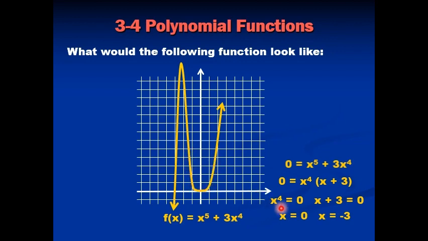So if we have a multiplicity of 2, or in this case a multiplicity of 4, the graph is going to come down, touch the x-axis just tangentially at that point, and then bounce back off. It's not passing through the x-axis.